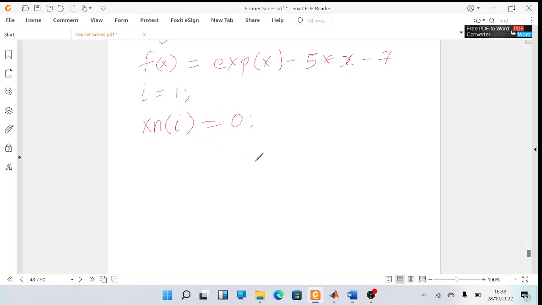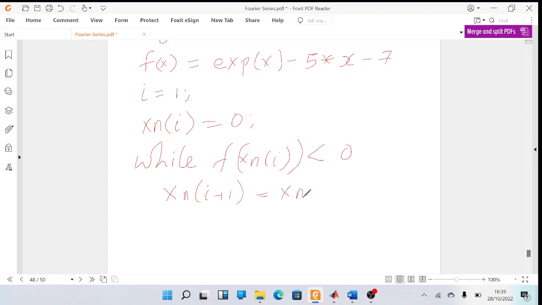Then we can say now, while f of xn(i) is negative, is less than 0, we increase xn. So we write xn(i+1) is equal to xn(i) plus 1. So this will work out.